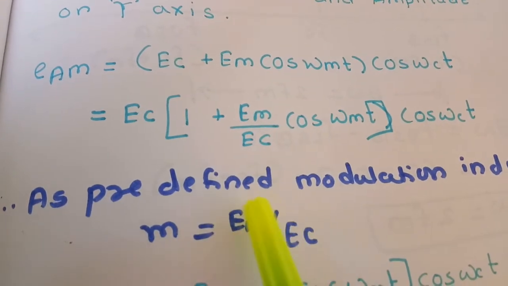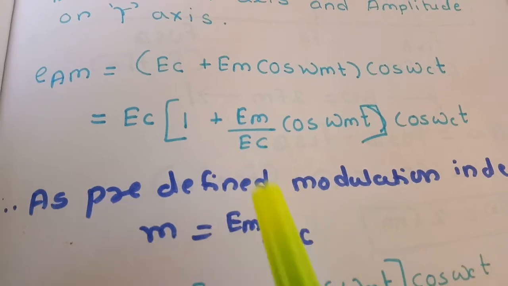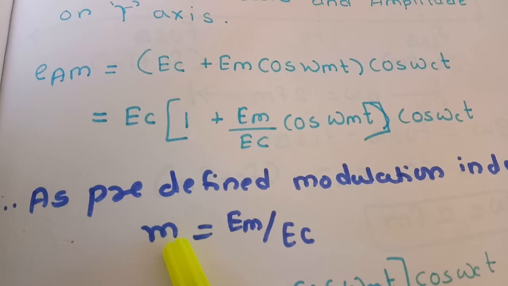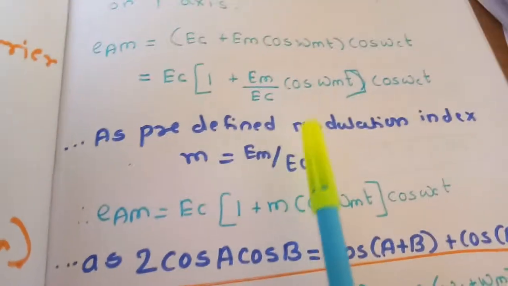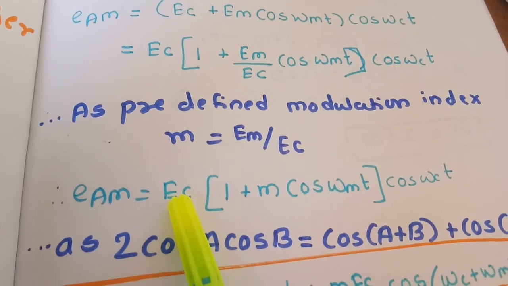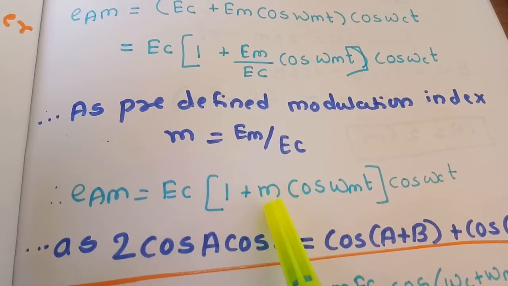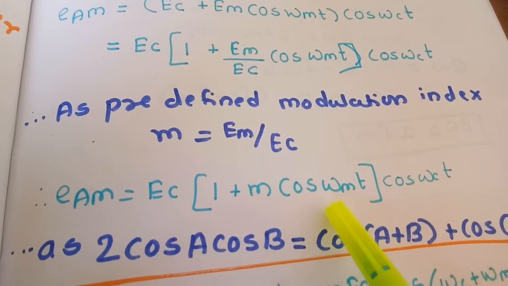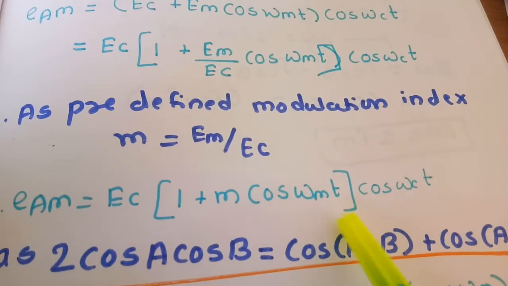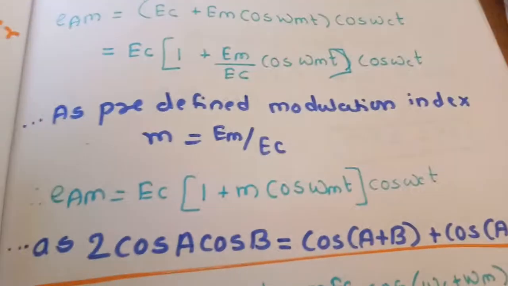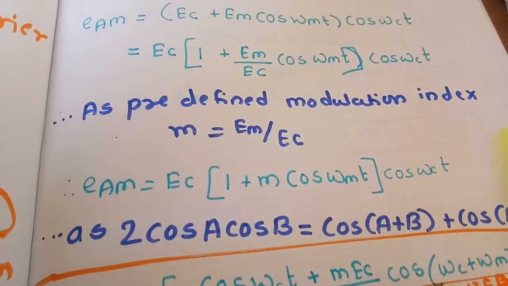So M is equal to EM by EC, and we replace EM by EC with M. Now EAM is equal to EC times the bracket 1 plus M cos omega mt, completed, multiplied by cos omega ct. This is our whole equation.